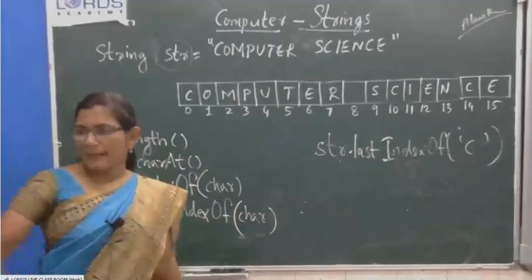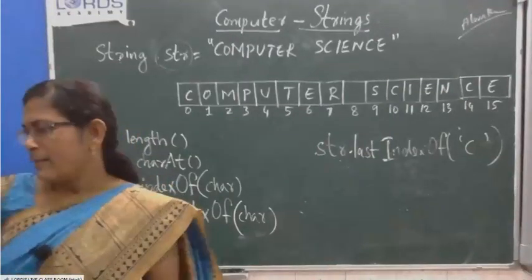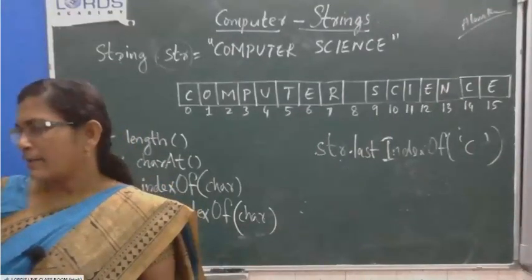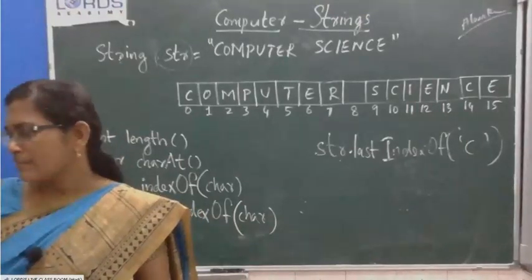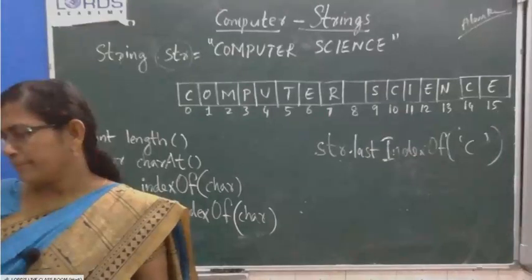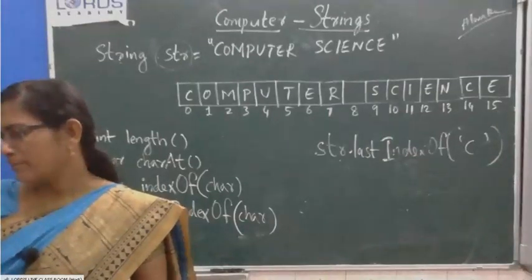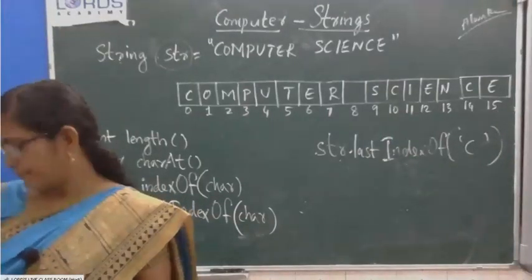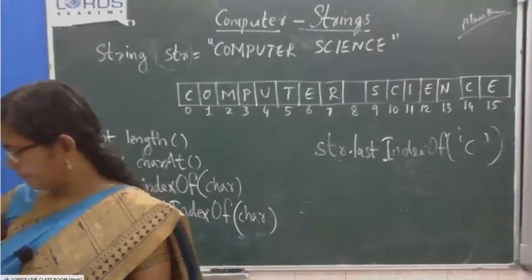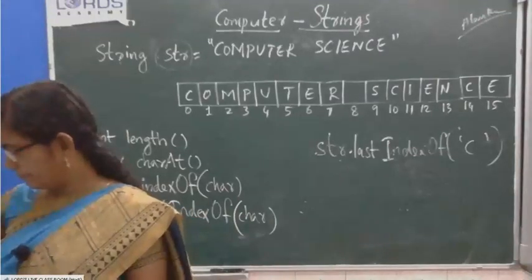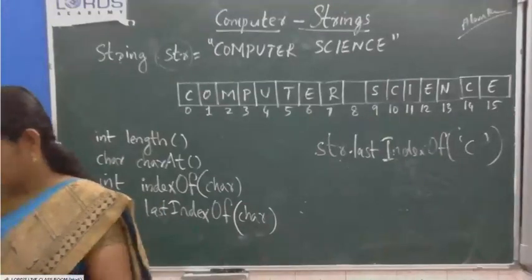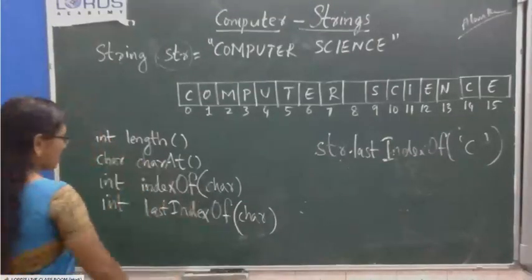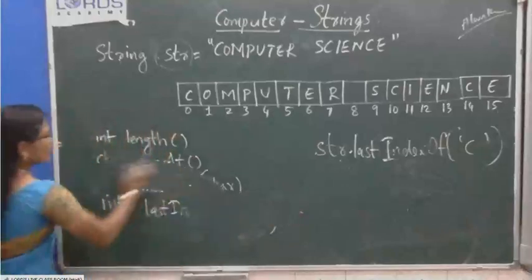Now, how will you find out the index number of a character which occurs in between? Let us take another string, Malayalam. Okay, the word Malayalam.